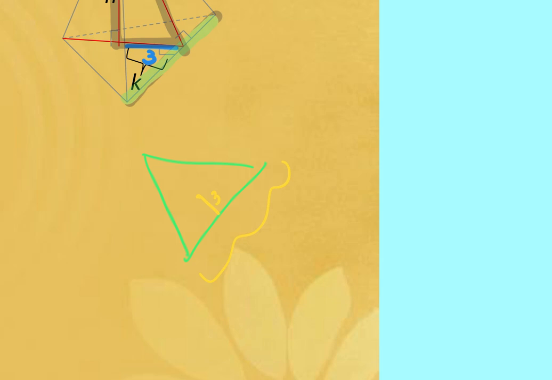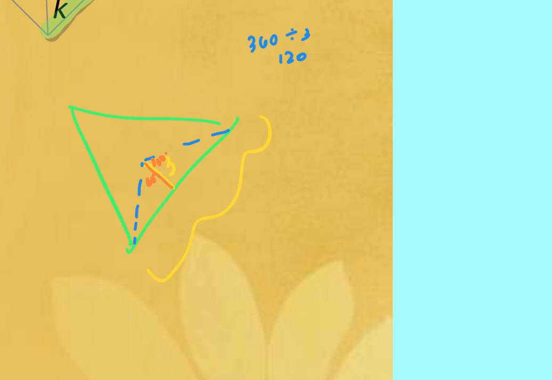So if we go back to the area of our polygons, because we're going to have to find that base area anyways, I would take my equilateral triangle. I would find the central angle, which would be 360 divided by 3. That's 120. And then I would cut it in half when I draw that apothem in, which means that this angle here is 60 degrees. And it makes it 2 30-60-90 triangles.